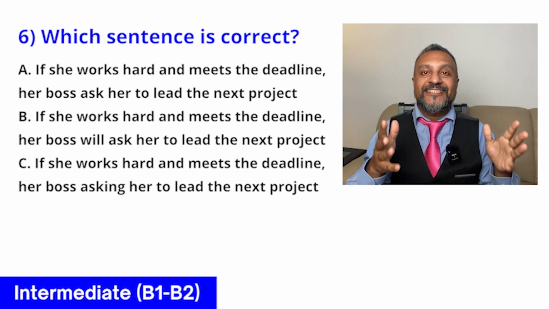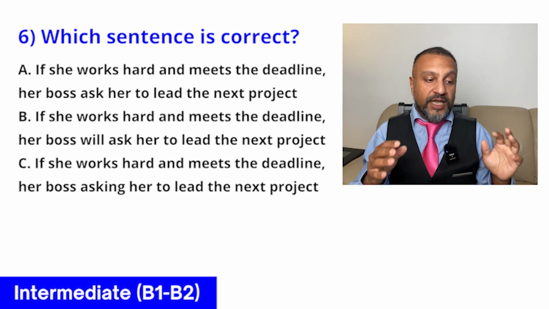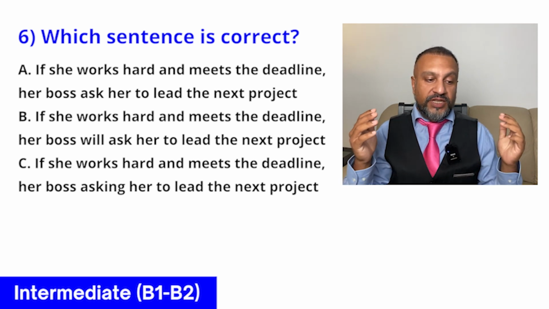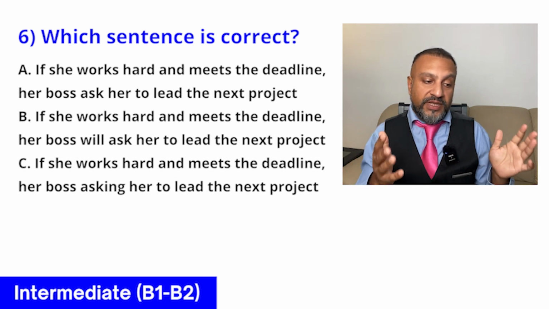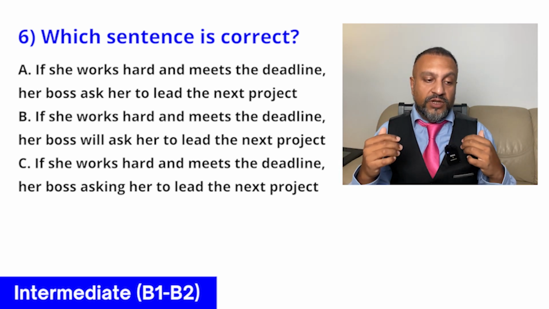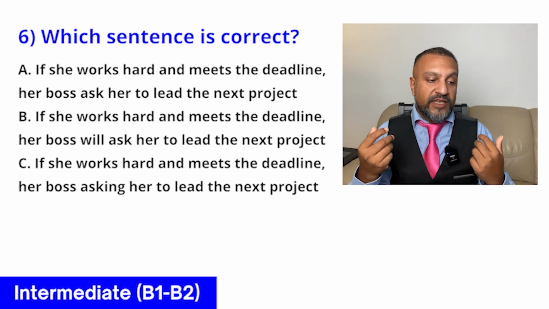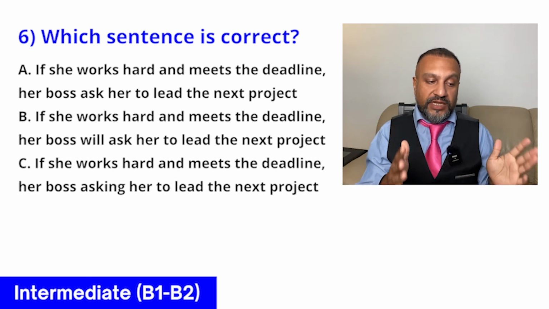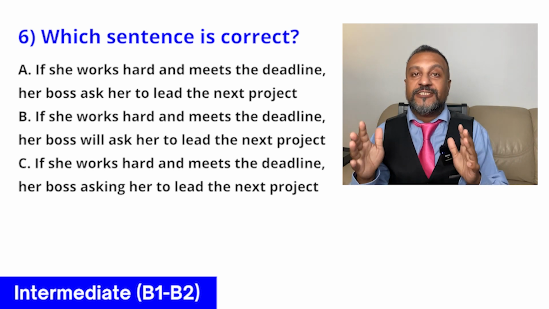Which sentence is correct? If she works hard and meets the deadline, her boss asks her to lead the next project. If she works hard and meets the deadline, her boss will ask her to lead the next project. If she works hard and meets the deadline, her boss asking her to lead the next project.